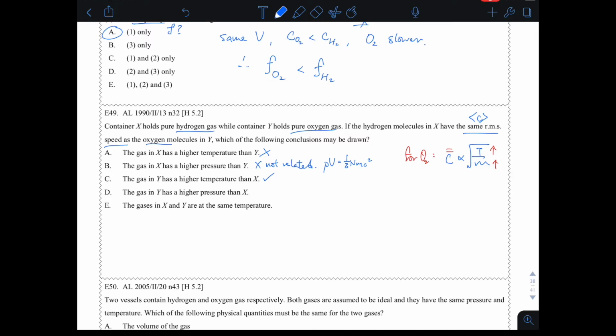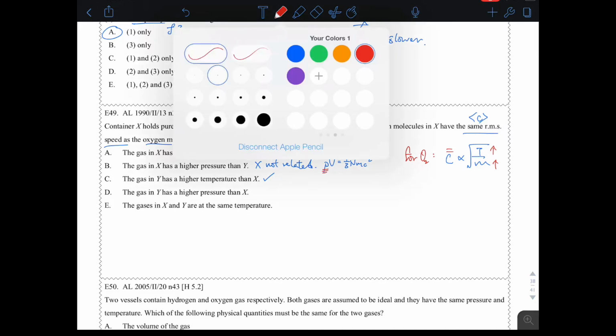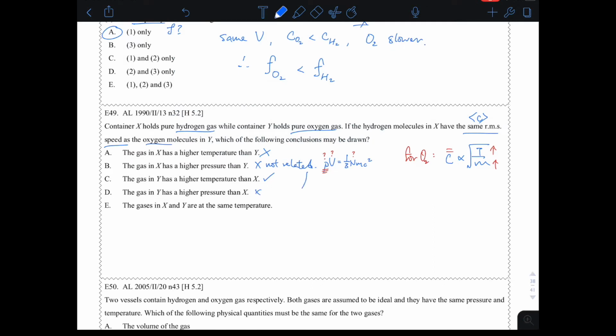But then we got no information about V here. We have no information about N at the same time, so we really can't conclude what the pressure is. Same here, not related because of the same reason. And they get the same temperature, must be wrong, because the oxygen gas must be hotter.